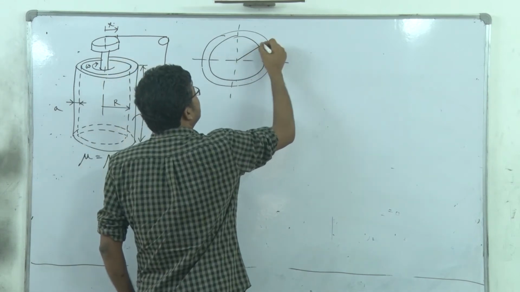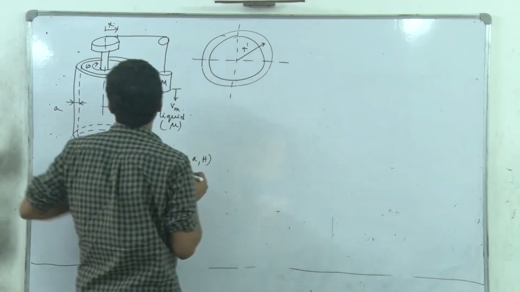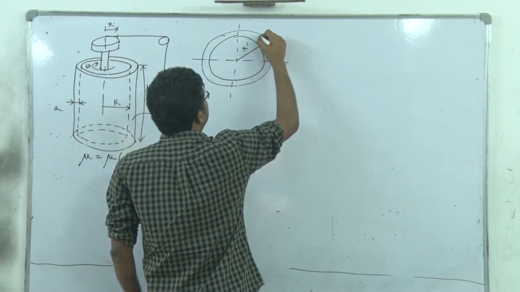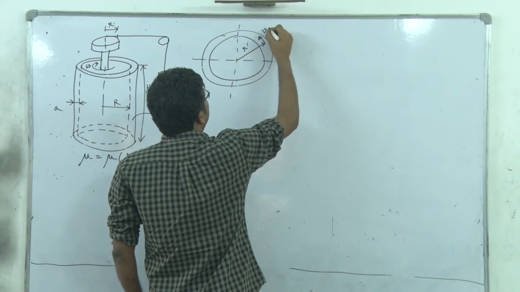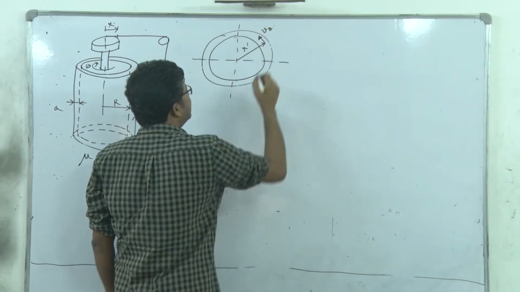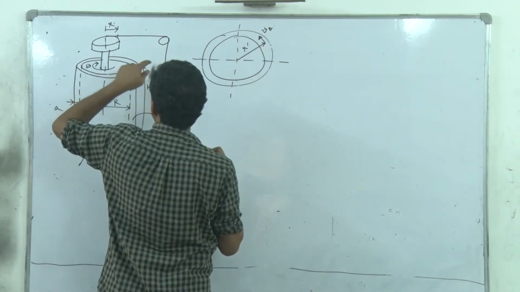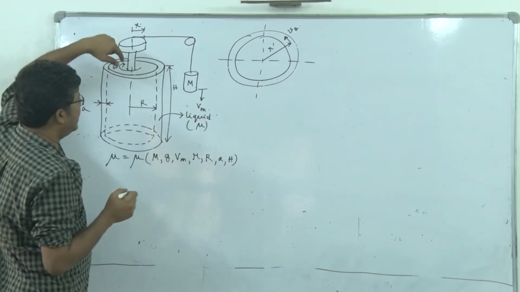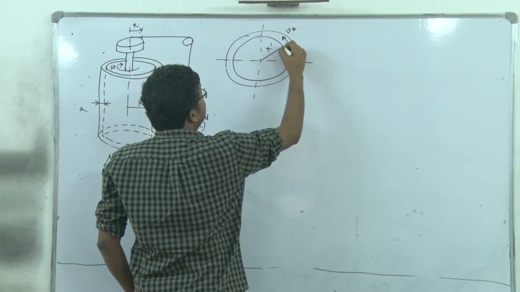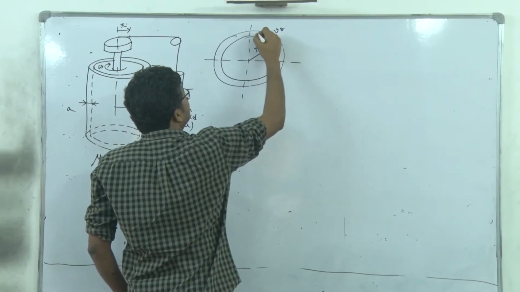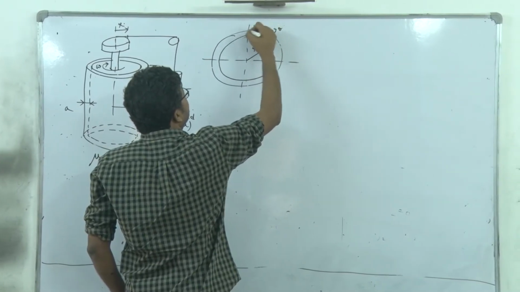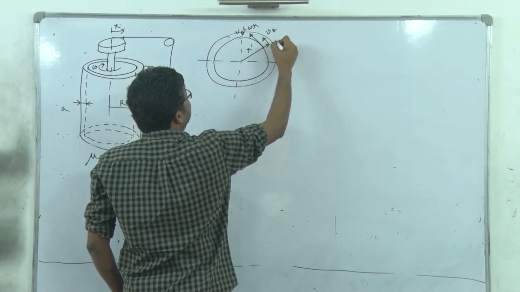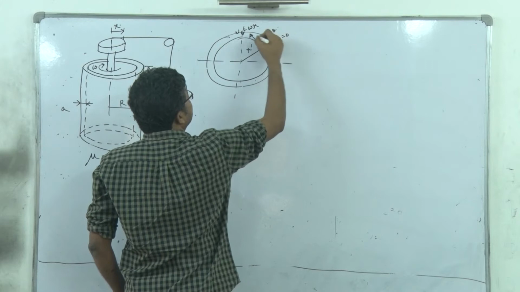Now, let's say the radial coordinate is r prime because r has already been used, and at this point let's say the fluid velocity is v theta. If it rotates with a speed omega, then at this point it will be moving with v theta equal to omega into r, and at this point here the v theta is 0.